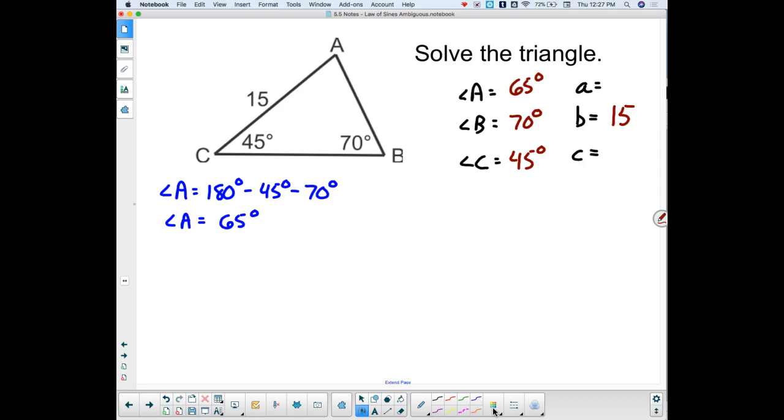Okay? So now it's not a right triangle because none of my angles are 90 degrees. So now what I can do is I can set up the law of sines.